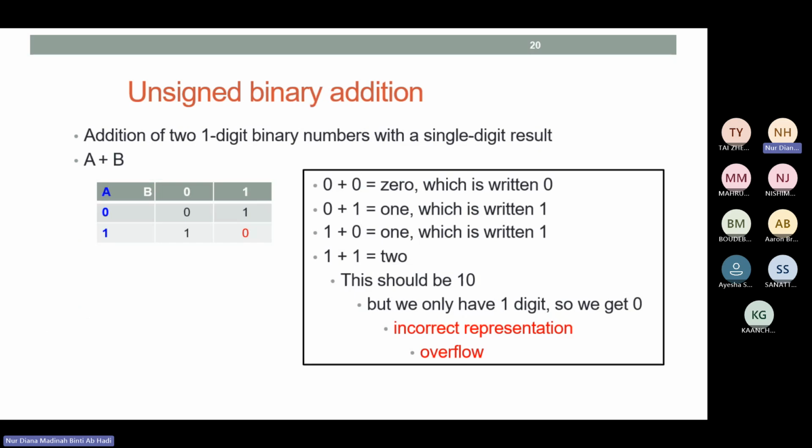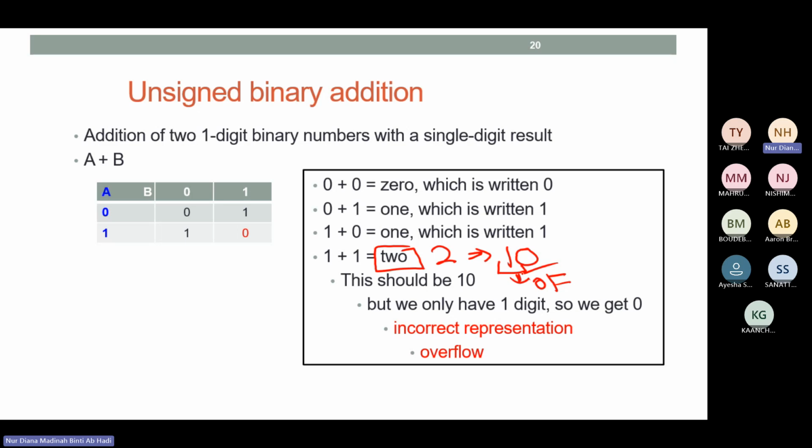So this one I already showed you just now, right? 0 plus 0 will be written as 0. 0 plus 1 will be written as 1. 1 plus 0 is equivalent to 1, but 1 plus 1 is equivalent to 2. But when we convert into binary, it will be 1 and 0. So 1 and 0, we cannot put our 1 in front of the 0. This one will be our overflow.